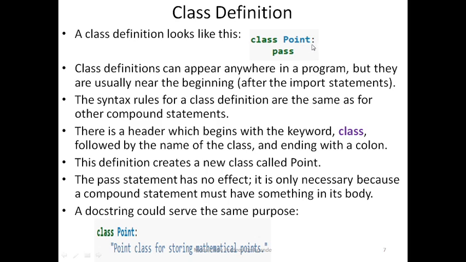You need to remember this. Other than pass, we can also write a comment or a docstring, as we have written here: class Point, a class for storing mathematical points. It is a docstring, and we can write it like this.